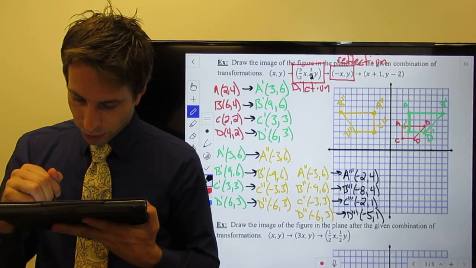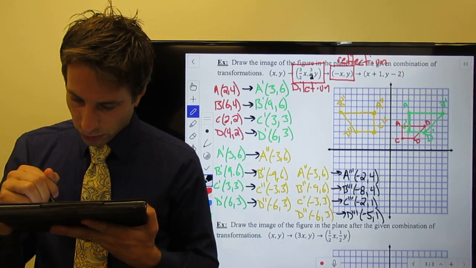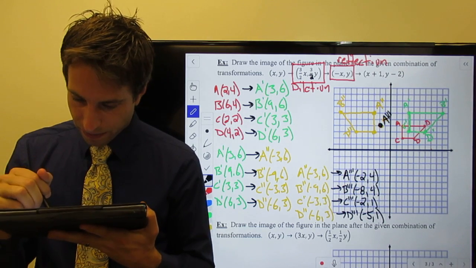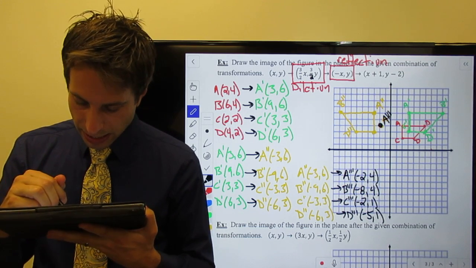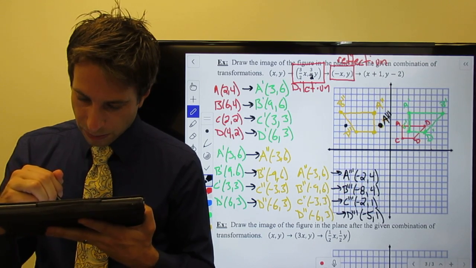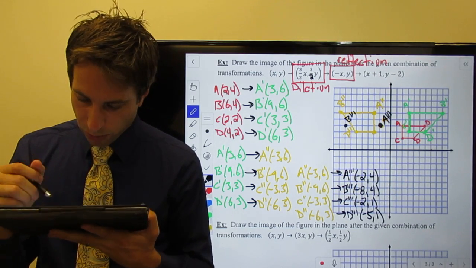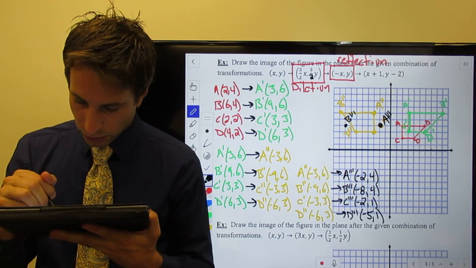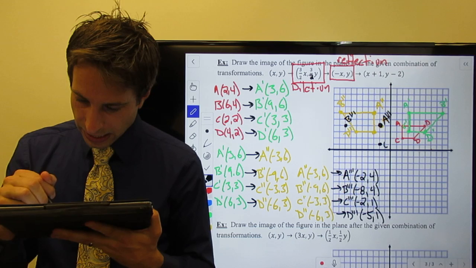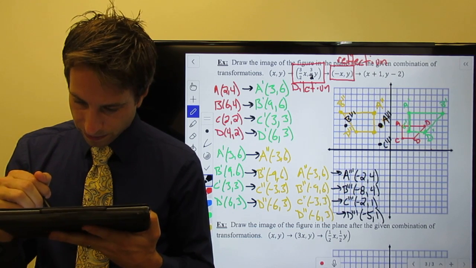Negative 2, 1, 2, and 4. 1, 2, 3, 4. Right there is A triple prime. Negative 8, 4. 1, 2, 3. Right there is B triple prime. 2, 1, right there. That's going to be C triple prime.